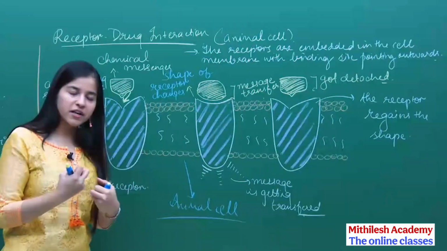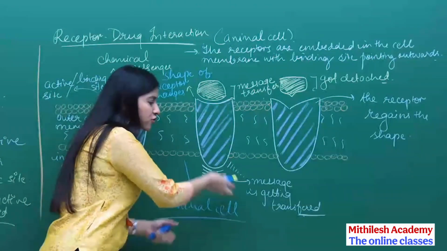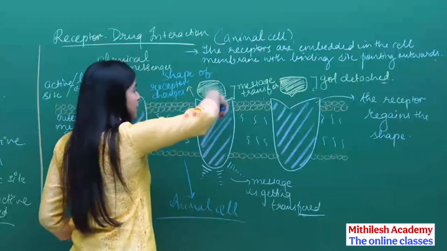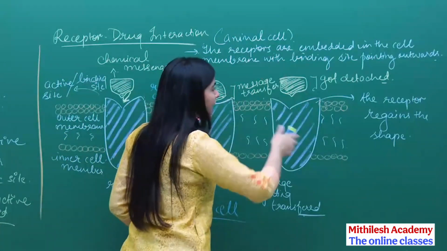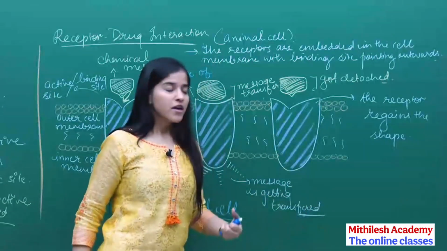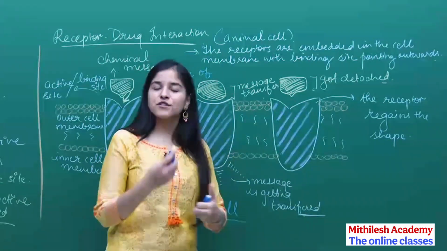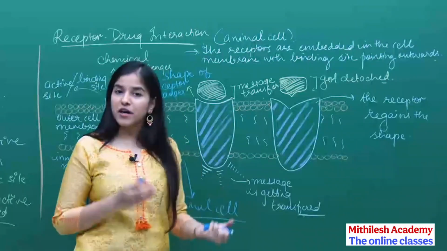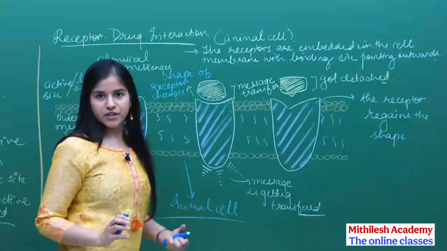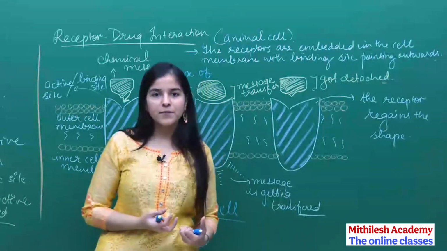It took the information, it passed the information on to the core of the cell, and finally the chemical messenger got detached and the receptor regained its shape, as you can see over here. So that is the entire process of transfer of the messages within our body. So that is how the receptors work.